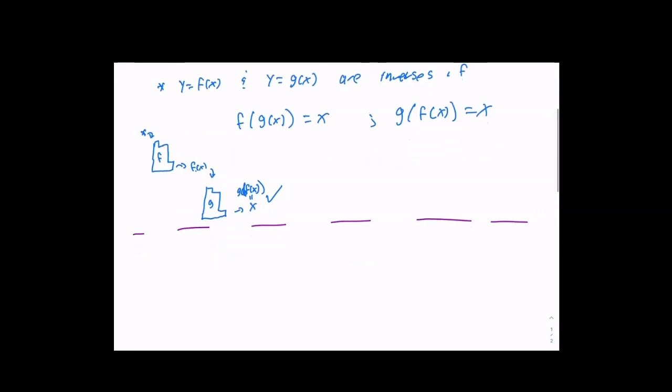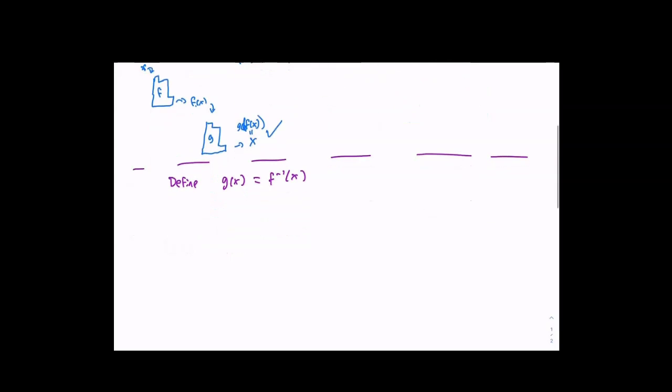First off, we're going to define g of x as the inverse function of f. It's easier for me to work with g of x. So every time I write g of x, what I really mean is the inverse function, okay?